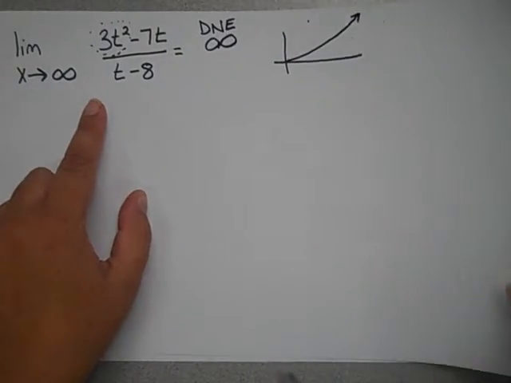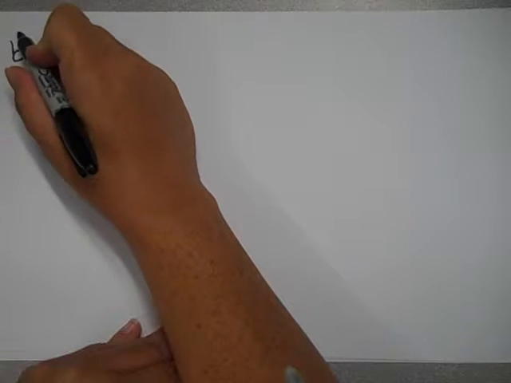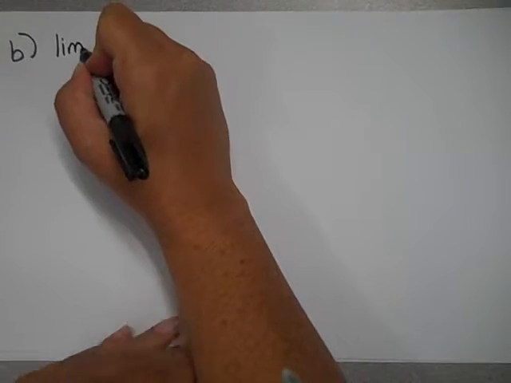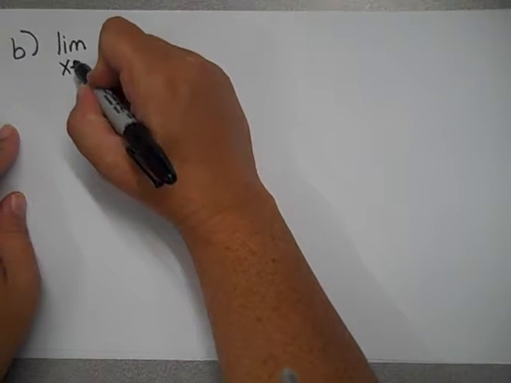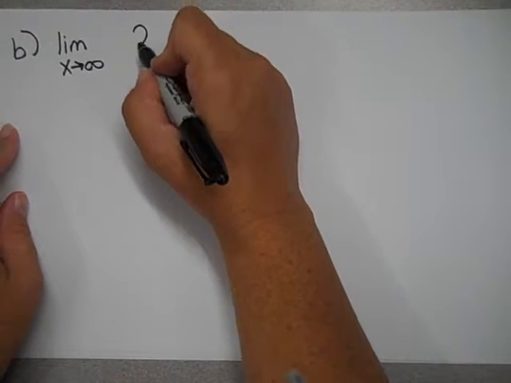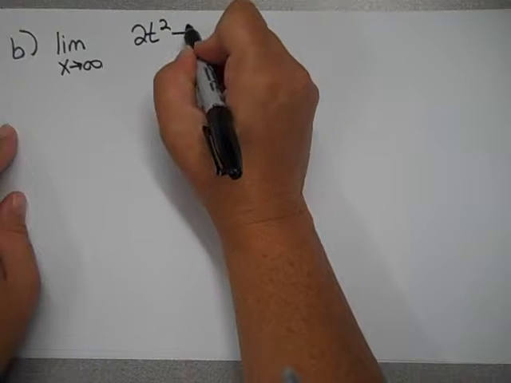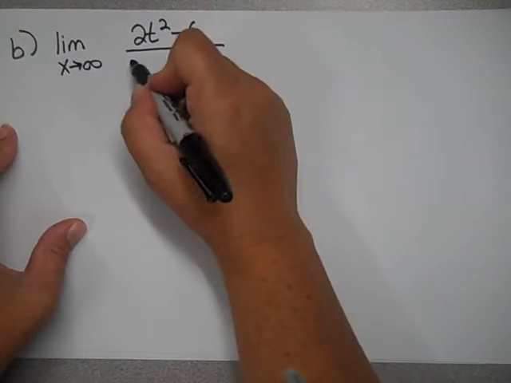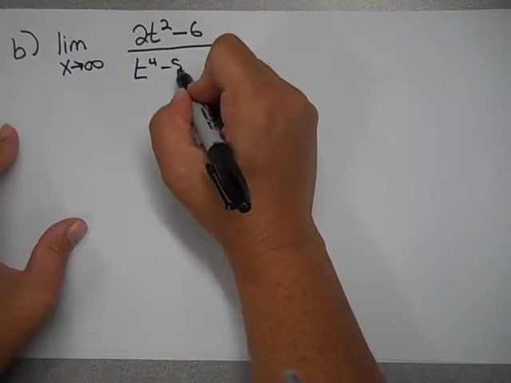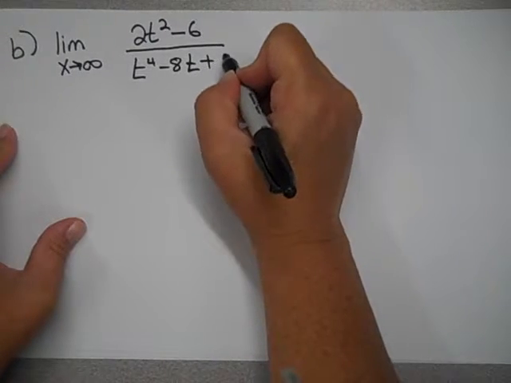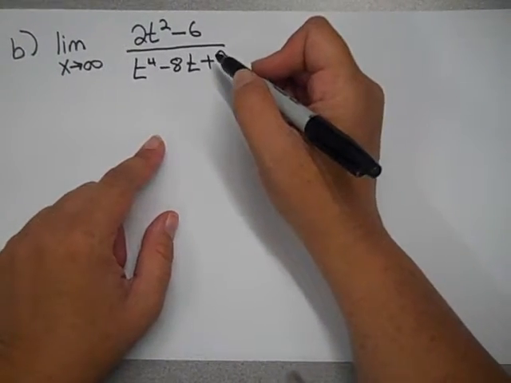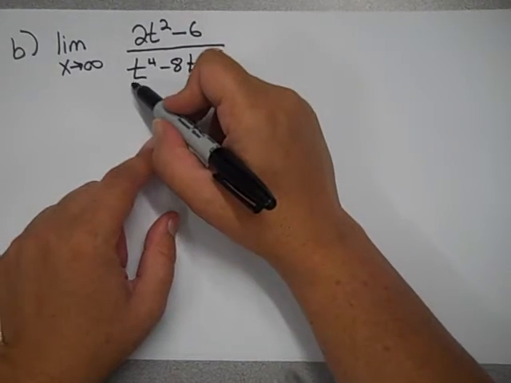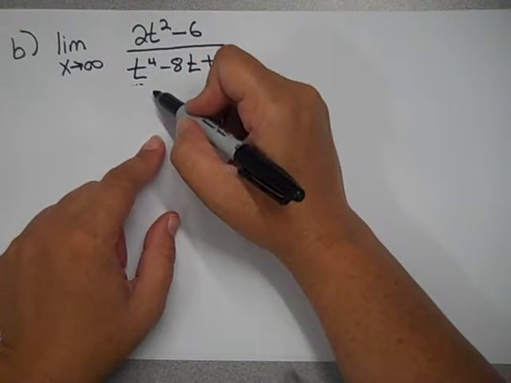So let's look at the next one. Letter B says the limit as x approaches infinity of 2t squared minus 6 over t to the fourth minus 8t plus 9. Now in this case, the biggest degree is in the denominator.